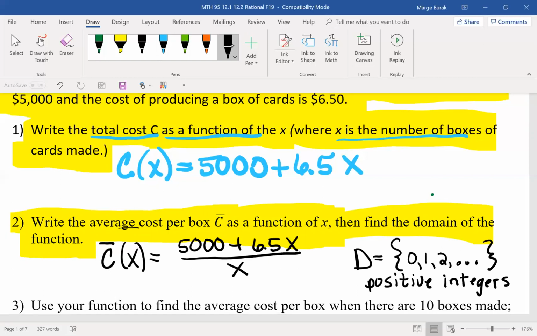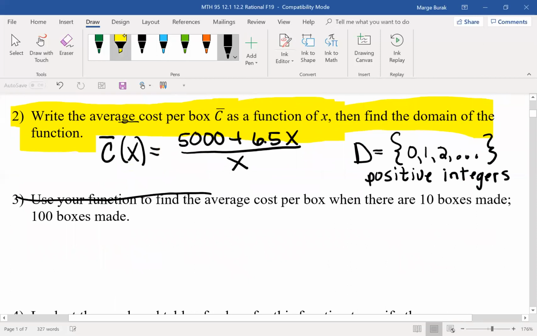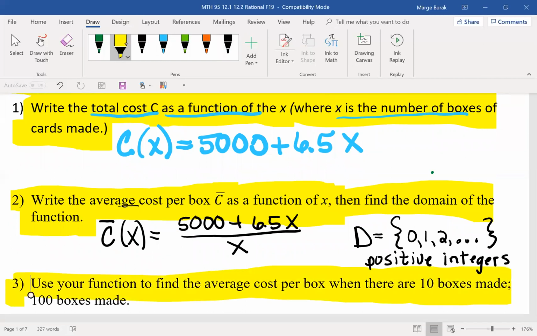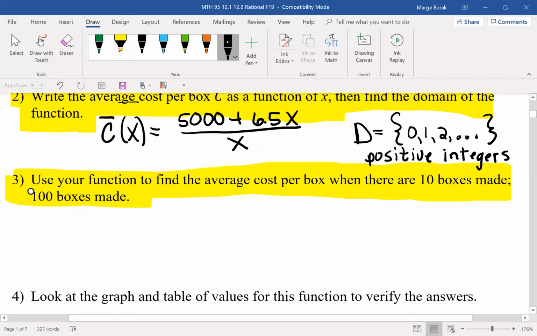Then it says to use your function to find the average cost per box when there are 10 boxes made and 100 boxes made. So suppose I only make 10 boxes. That would be C of 10.